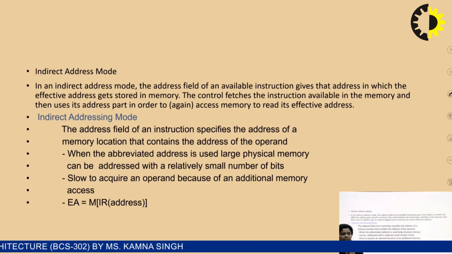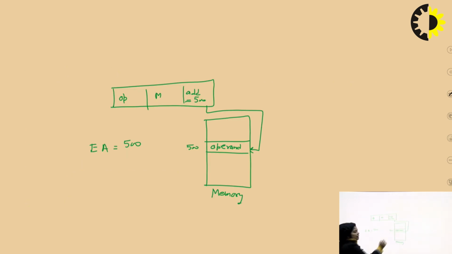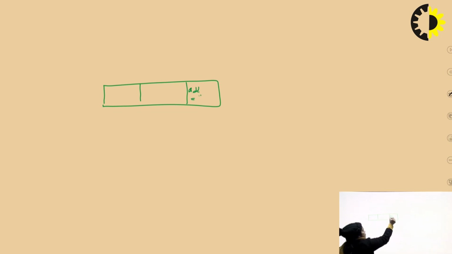Now, in the indirect addressing mode, suppose that at this effective address 500 the value is 314. Indirect addressing mode means the address field of the instruction gives the address where the effective address is stored in memory. How do you calculate it? Suppose the address part of the instruction is the same value, 500.